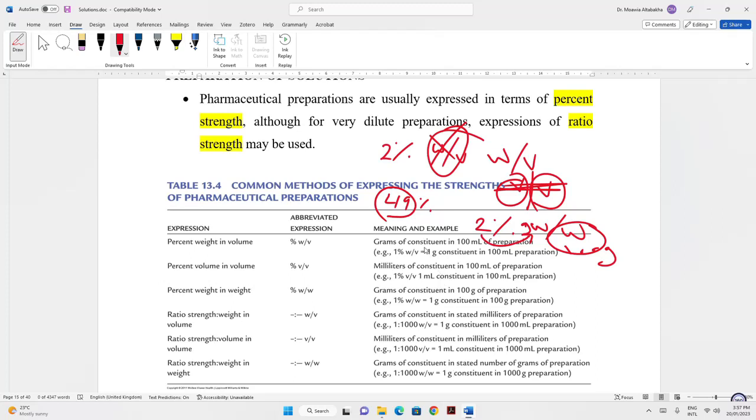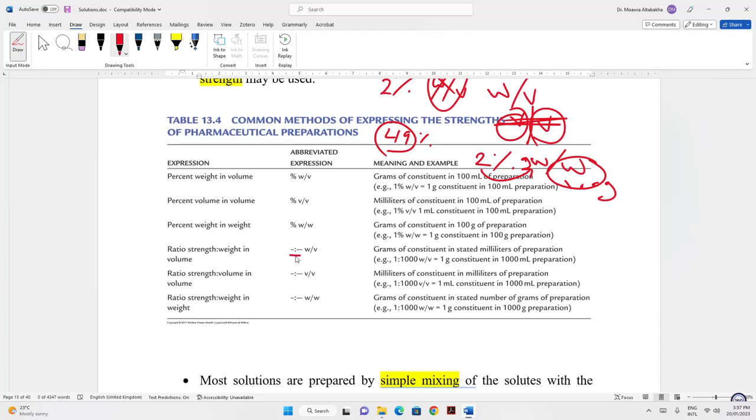Okay, there are other ways, for example, as a ratio. And here you have to be careful. Sometimes I will put the ratio 1 to 2, and that's it. In this case, it will be one part of compound A and two parts of compound or substance B. Now B can be solid, liquid, etc., and A also can be solid, liquid.